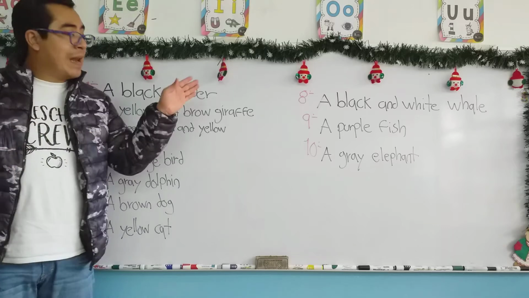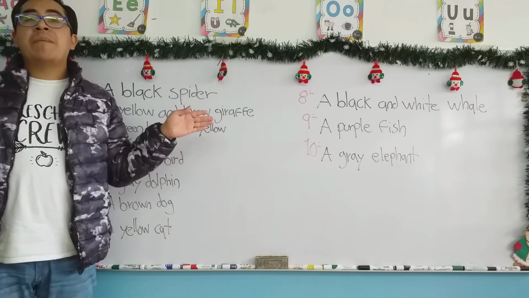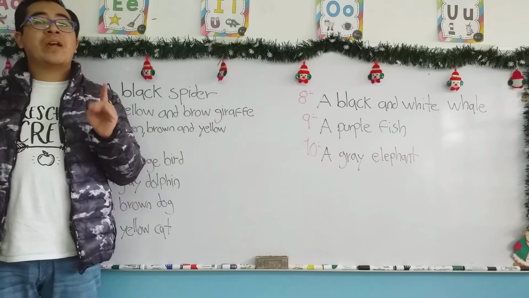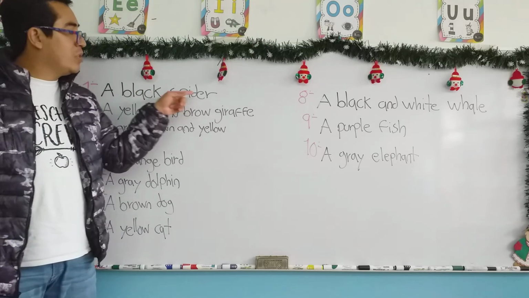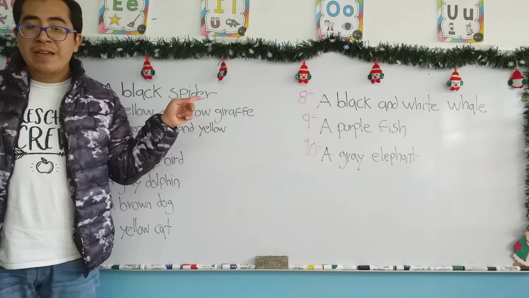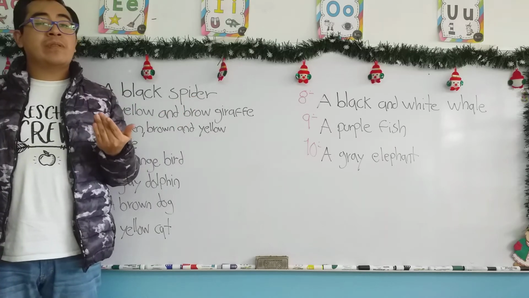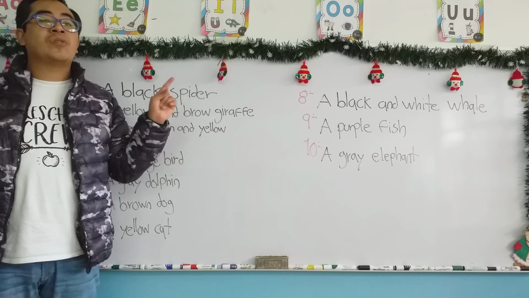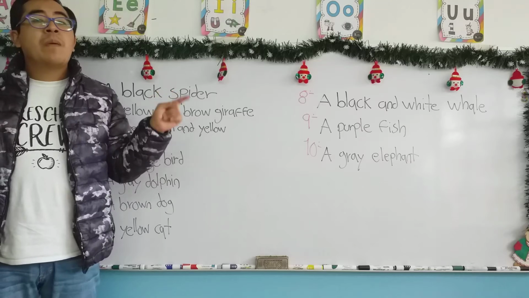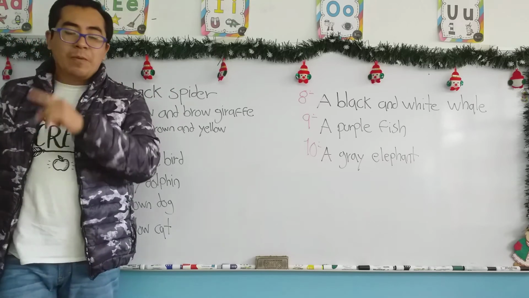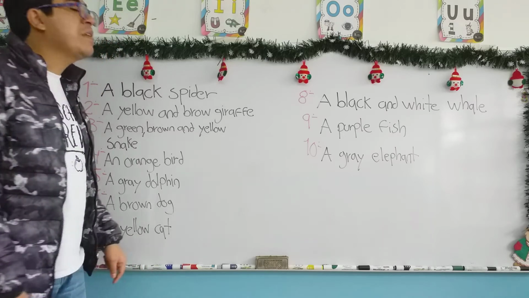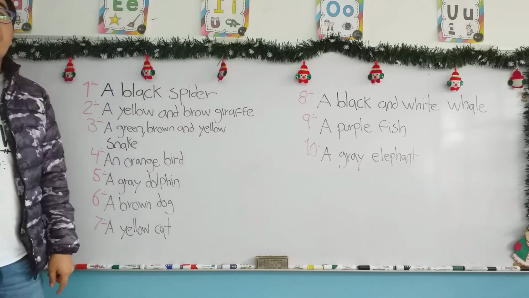Así es que al lado de cada oración vamos a dibujar y vamos a colorear con los colores que nos indica el animal que nos dice en cada oración. ¿Okay? Recuerden que es importante que utilicemos los colores que nos dice la oración porque esto nos va a ayudar como repaso.